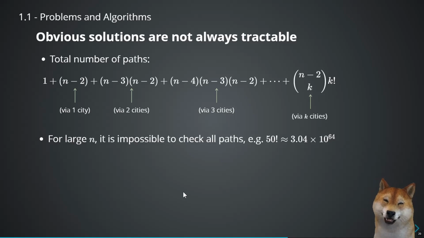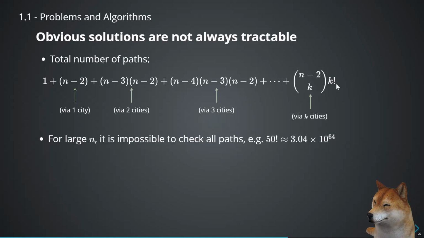So the total number of paths is 1 plus n minus 2 plus n minus 3 times n minus 2 plus so on, depending on what n is, right? Because n can be a very big number. These terms are actually represented by this formula here, and notice this factorial.